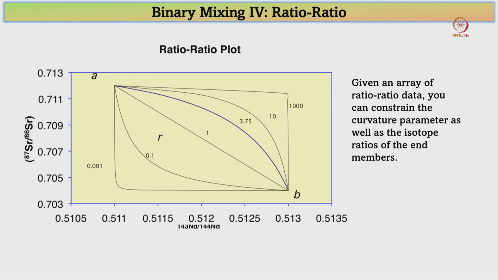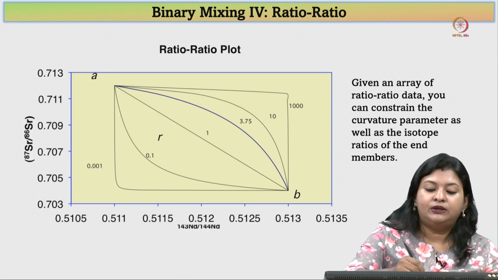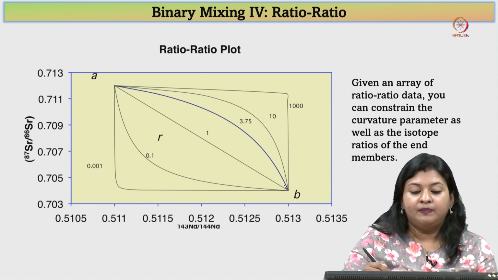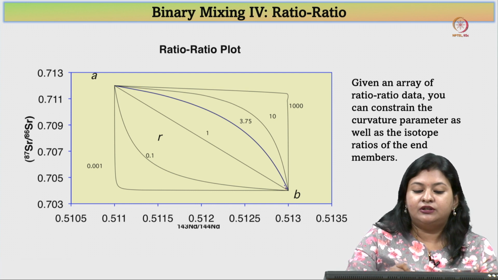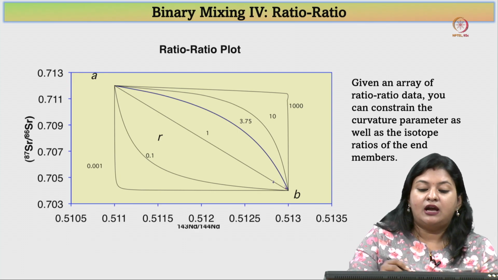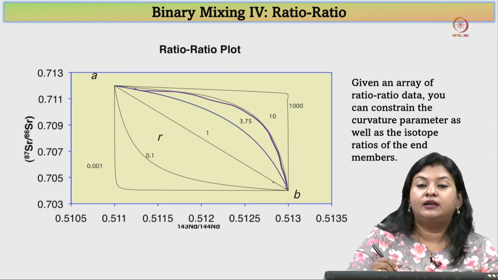And here, just to show you an example how different it can be, if the R value changes, then you see, R value equal to 1, then you have the linear curve, a straight line. If the R value is changing to 3.75, you have this kind of curvature. If the R value shifts to 10, you have this kind of line.